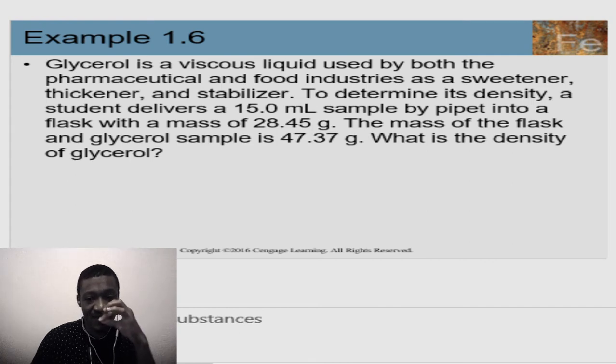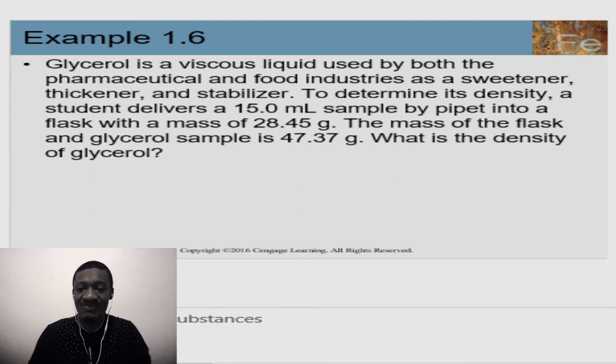He has to carefully suck it up, put his thumb on it and transfer it into a flask. The mass of the flask and the glycerol is 47.37 grams. So what's the density of glycerol?